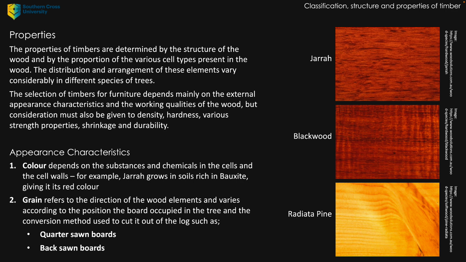So grain refers to the direction of the wood elements and varies according to the position the board occupied in the tree and the conversion method used to cut it out of the log, such as quarter sawn boards or back sawn boards. Now we're going to cover that in the next lecture as well. So we're going to go into that in some detail.